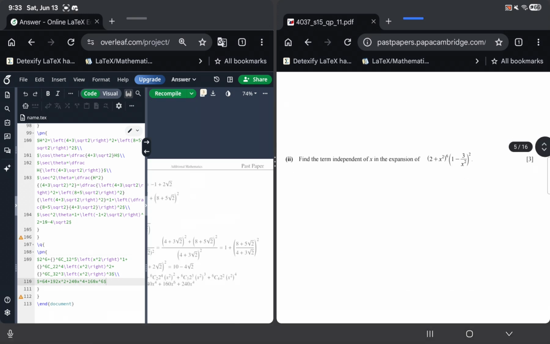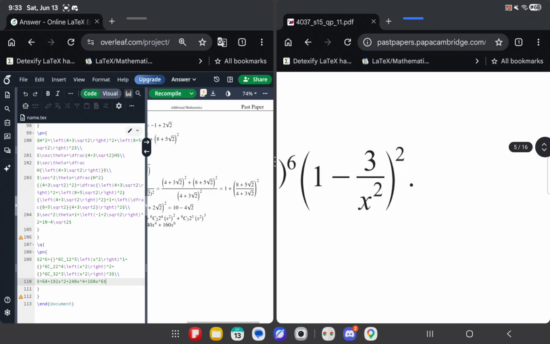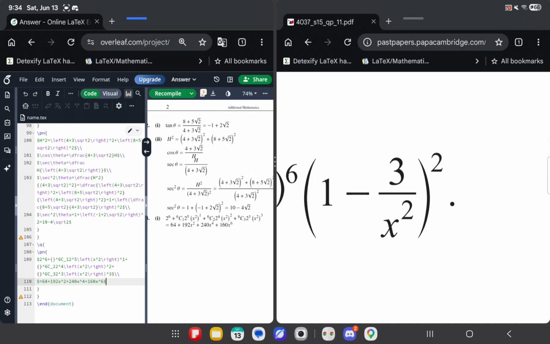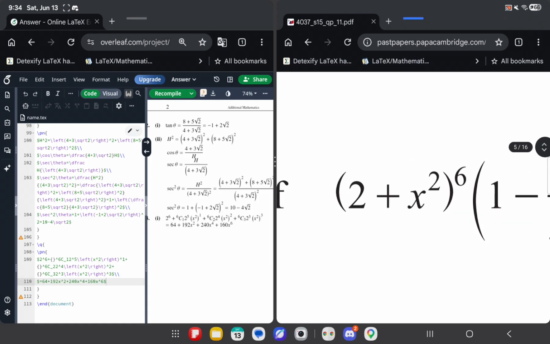First 4 terms. Find the term independent of x in the expansion of this. Now we can find these. We know that this multiply term will have up to x to the fourth power. Meaning we need only the first 3 terms of this to worry about.